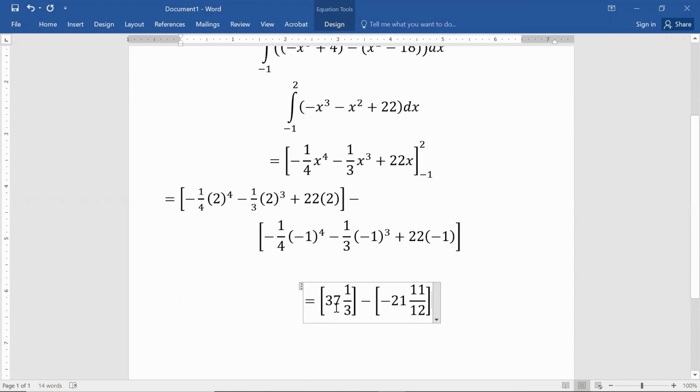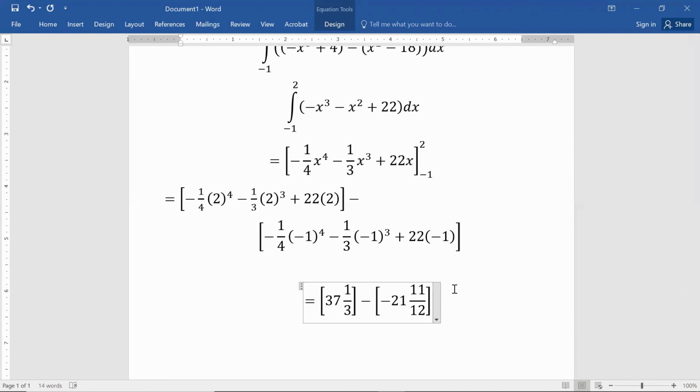Notice that in this case, we're going to be subtracting a negative. That's perfectly fine. So 37 1/3, subtracting a negative would be like adding 21 11/12.